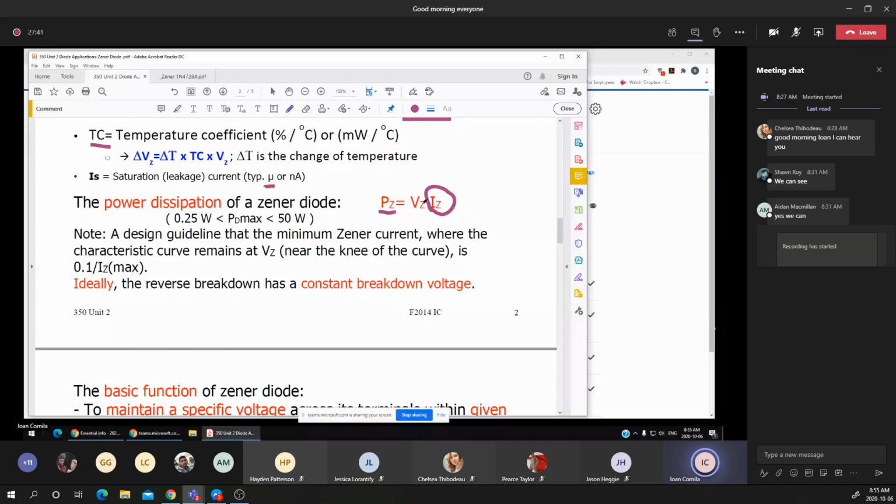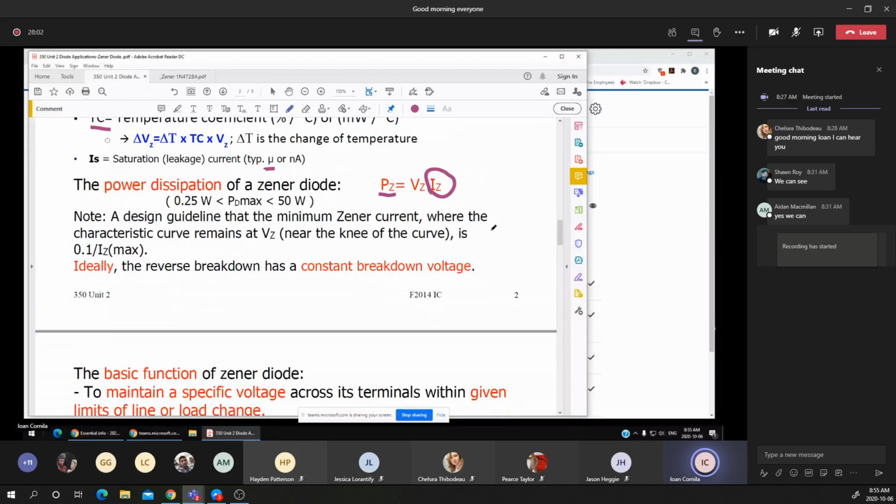Now, VZ is constant, and we mentioned that the application of the diode is to maintain a constant voltage between the terminals of the zener diode if the test current or the IZ is between the two limits, the minimum and the maximum current.